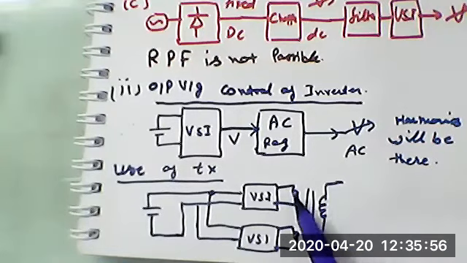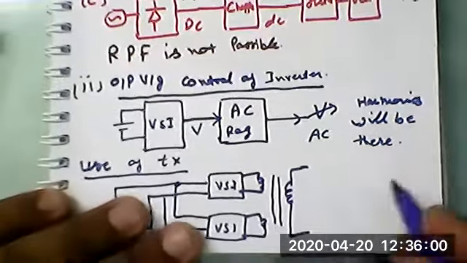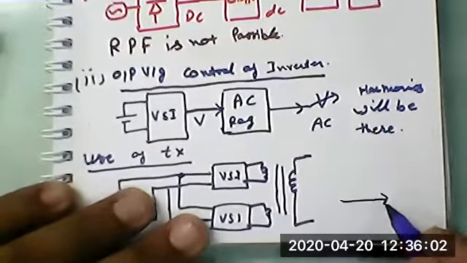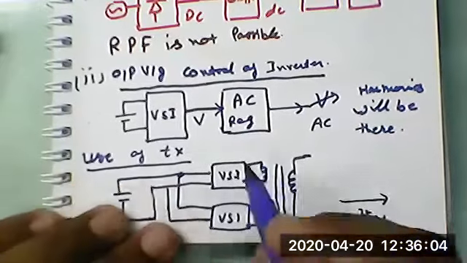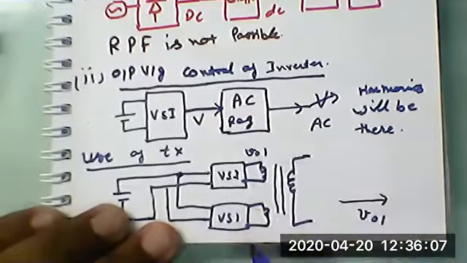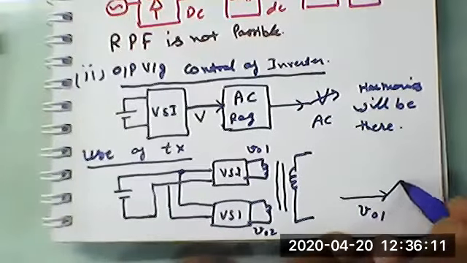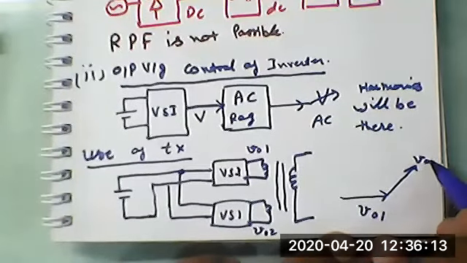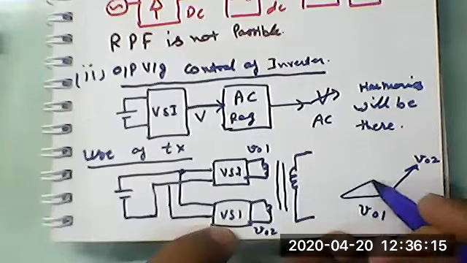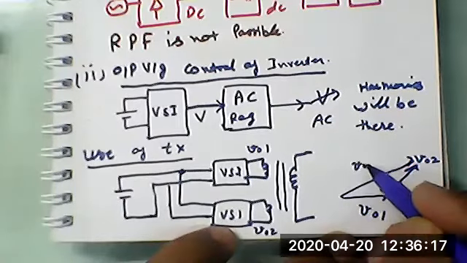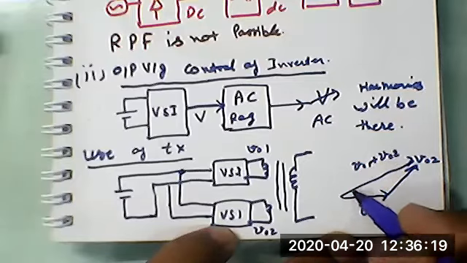And if there is a phase difference of phi, you will have voltages like this: V01 and V02. Now the net voltage is V01 plus V02. This is phi.